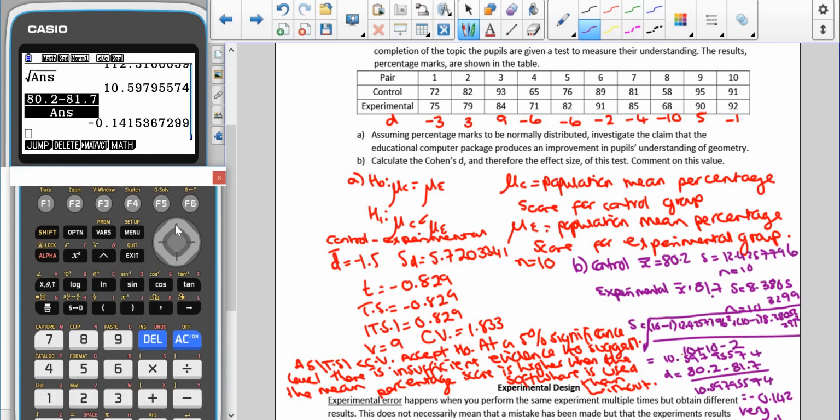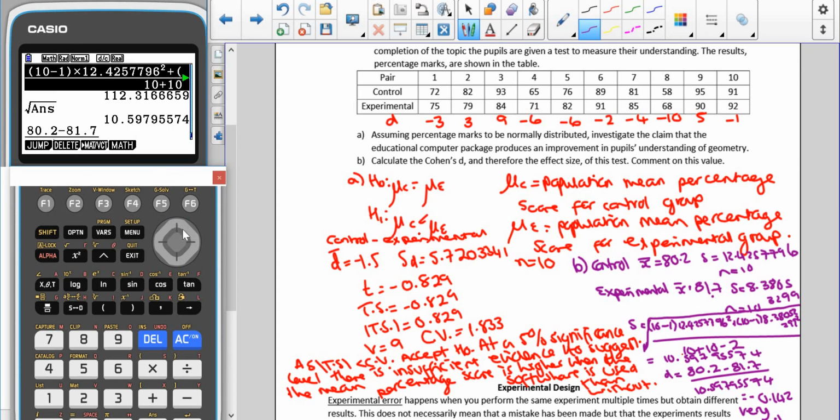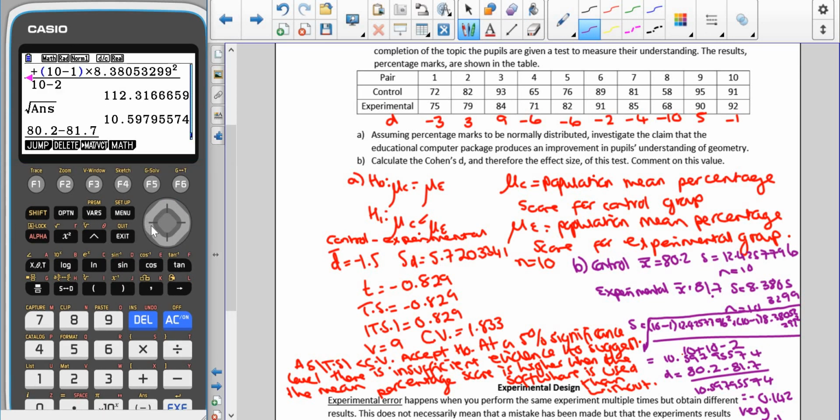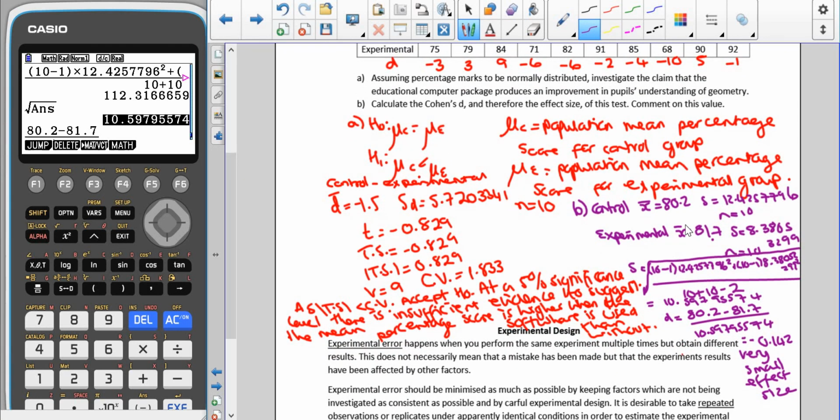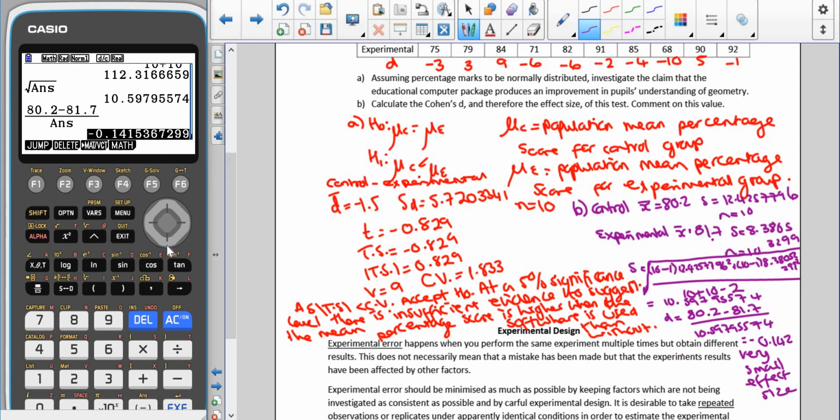So then you can see, if I go up in the normal part of my calculator, I've got this part typed in here. Then I've square rooted it, which gave me 10.59795574. Then to find the Cohen's d, we're doing the means from each, so 80.2 minus 81.7, divided by our pooled standard deviation, which gave us minus 0.142.